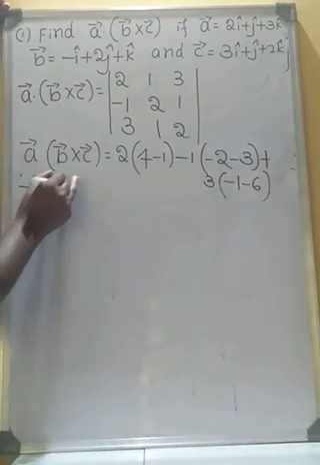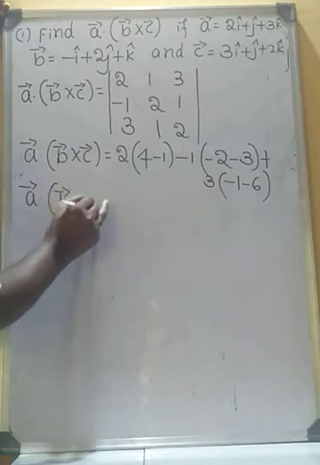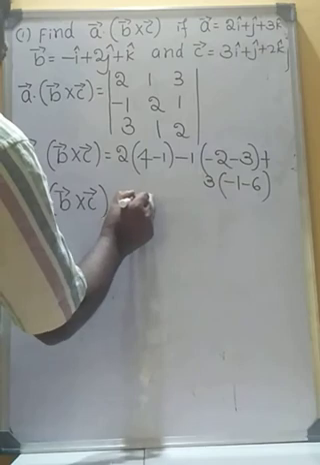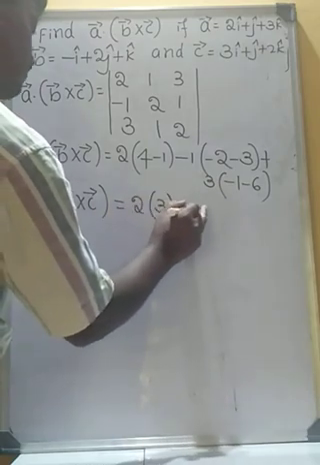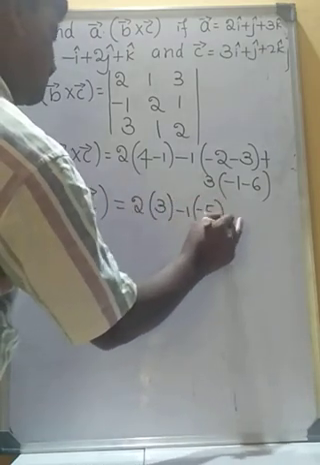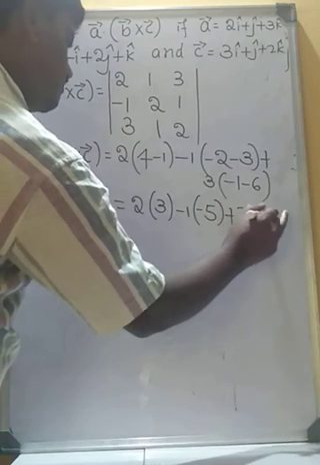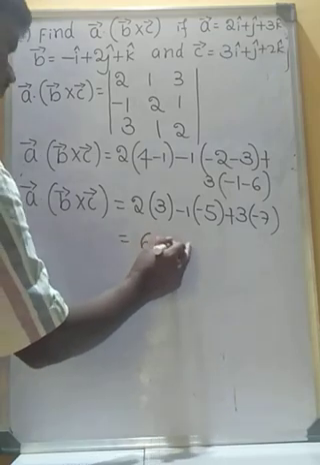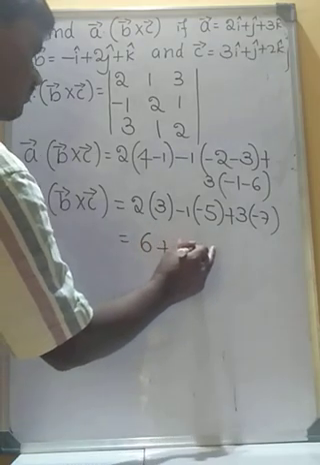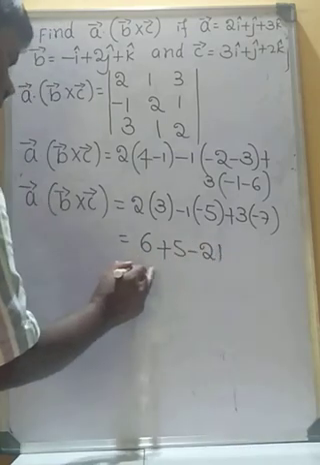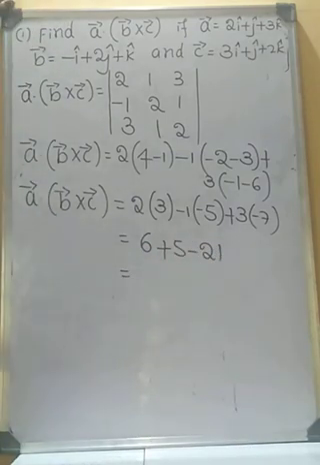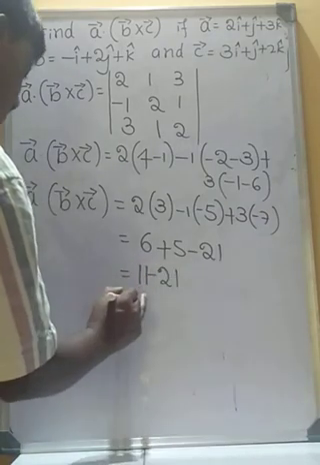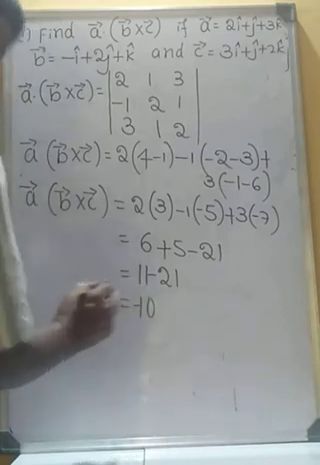Therefore A dot B cross C is equal to 2 into 3, minus 1 into minus 5, plus 3 into minus 7, that is equal to 6 plus 5 minus 21, since 3 7s are 21. 6 plus 5 is 11, minus 21 is equal to minus 10.